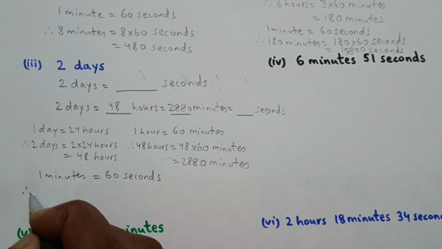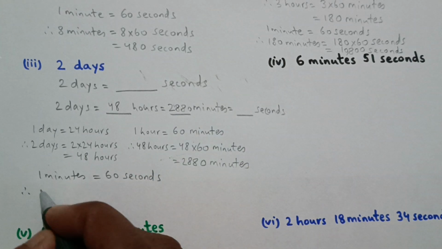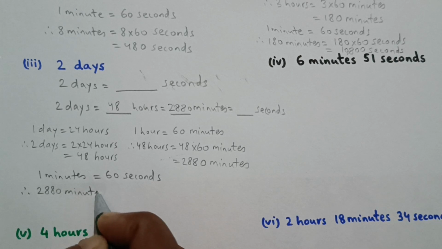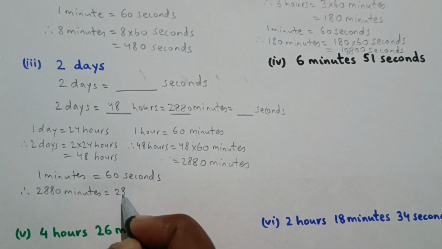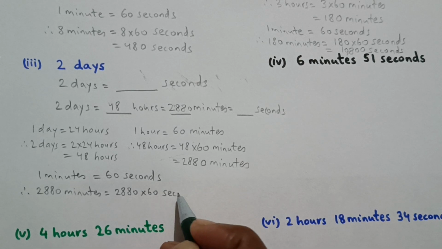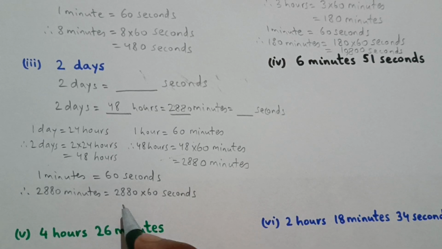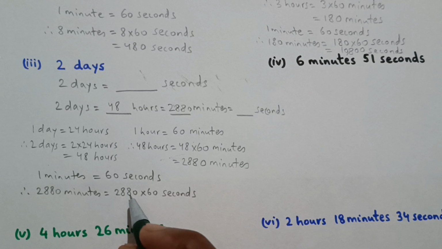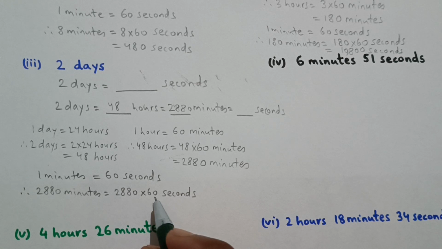Therefore 2880 minutes is equal to 2880 into 60 seconds. Now what we will do is, we will do 288 into 6 and then add these two zeros at the end of that answer.